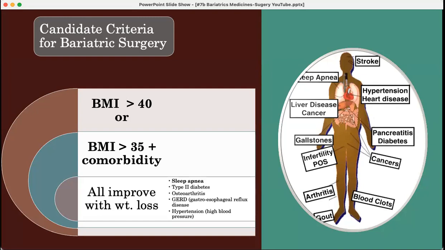All of those will improve with weight loss. So they have to have one of these comorbidities. And the image here shows illnesses that are associated with obesity: cancers, pancreatitis, gout, arthritis, all of those.